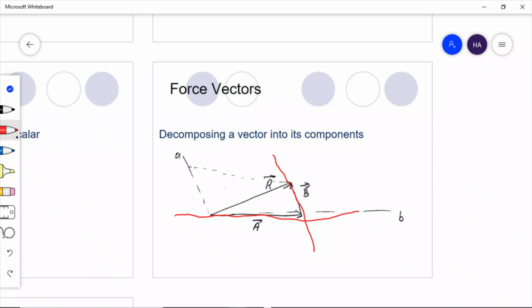Certainly my components along A and B must be on these lines. So beginning from the origin of the resultant force, first I draw the first vector and then I draw the second one. Now I have the vector A and I have the vector B.